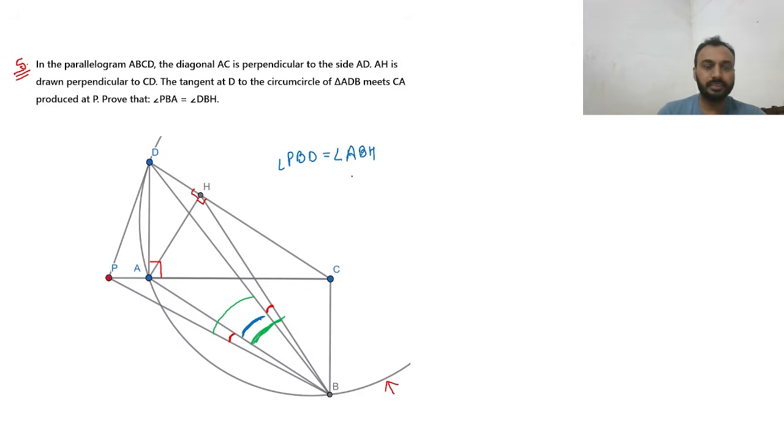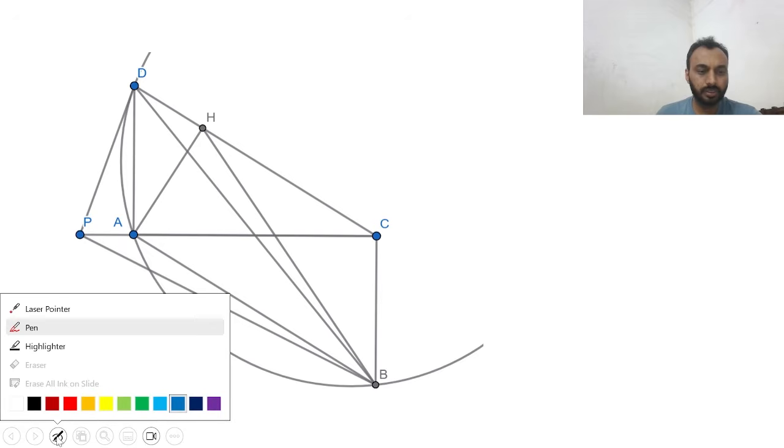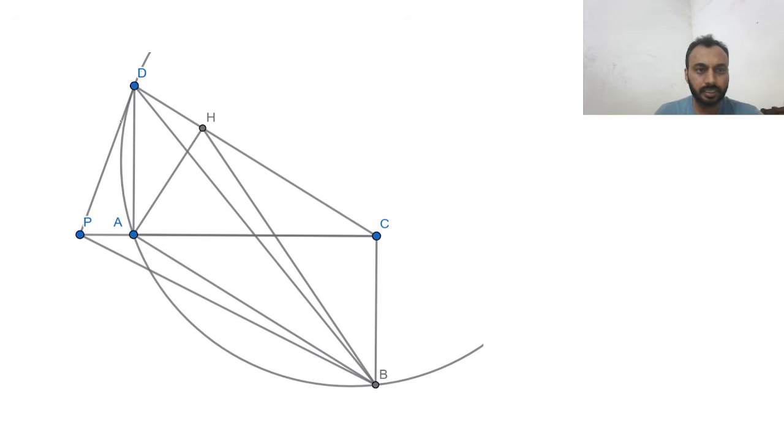Now let's see the tangent condition. As we have given that PD is a tangent, we can do some angle chasing. If I assume this angle is alpha, then this angle is alpha by the alternate segment theorem. The AD chord makes an angle alpha with the tangent, so the angle made by AD on the circumference is alpha.